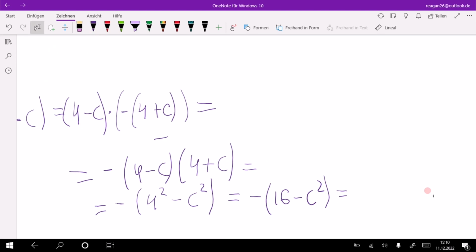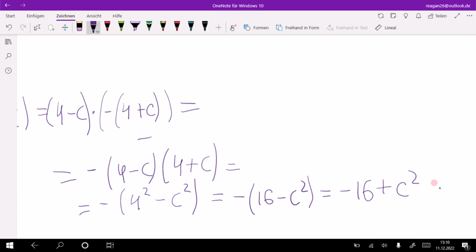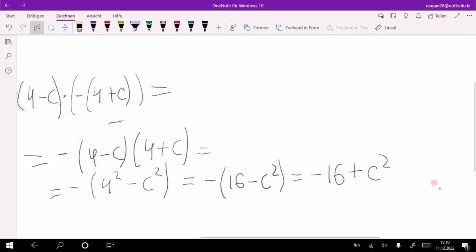Or if we put the minus inside the grouping, it will be minus 16 plus c squared, because minus with minus we get plus, and we can write it as c squared minus 16.